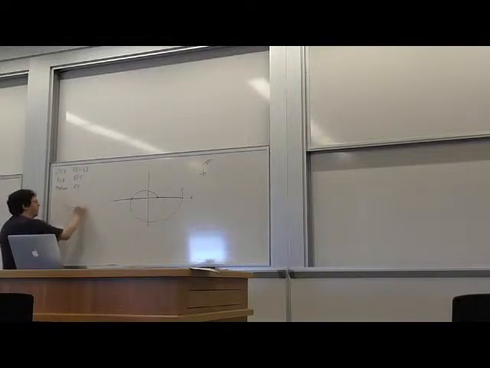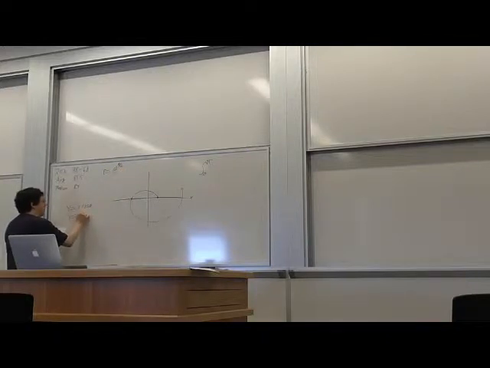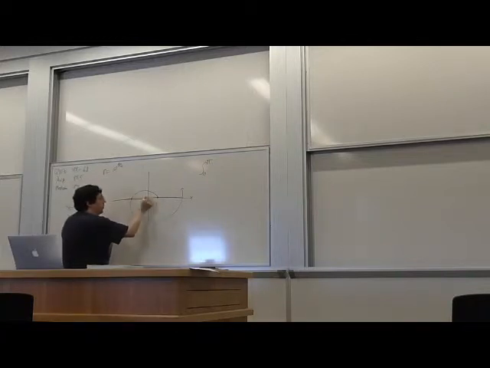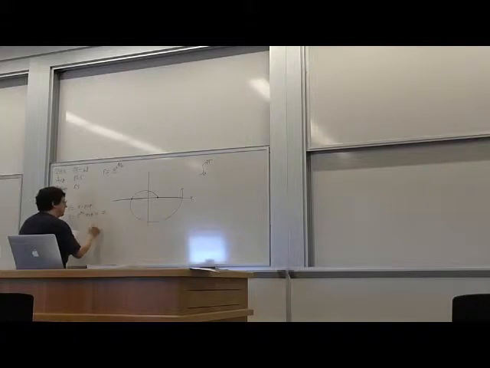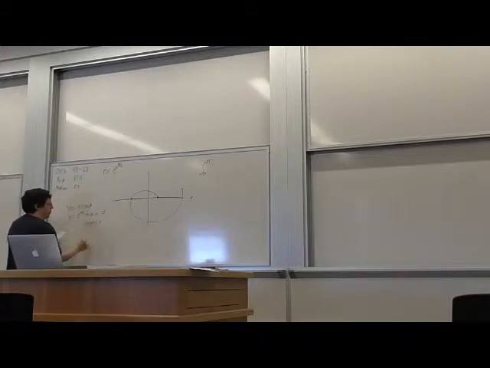Y is r cosine theta, and r equals e to the theta over 2. This is e to the theta over 2 cosine theta, and we want to know where y is 0. Well, this is always positive, so this just reduces to cosine theta equals 0.